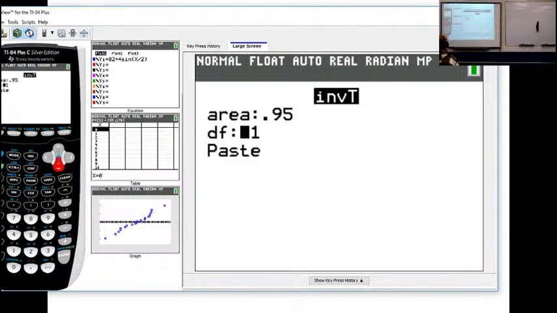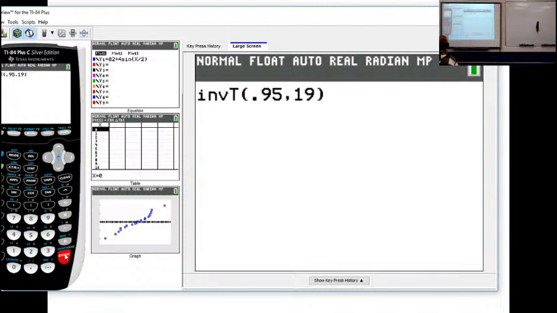Degrees of freedom. How do we get degrees of freedom? We take our sample size and do what? We subtract 1. Our sample size here was 20, so we take 20 minus 1, and that's 19. The structure, if you have an older calculator, is like this. If you have a really old calculator, you might just need to use the table, which I'll show in a minute.